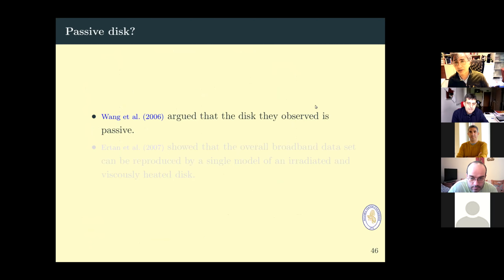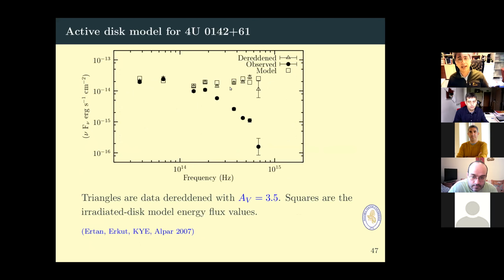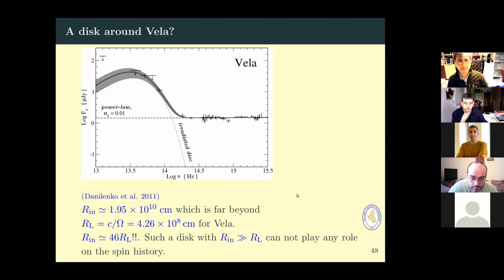But they argued that the disk they observed is a passive one, and in 2007 we have shown with our colleagues that the overall broadband data set can be reproduced by a single model with an irradiated and viscously heated disk, assuming that the data is dereddened with this factor.